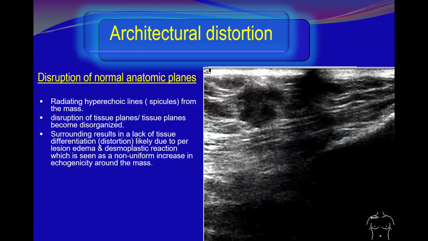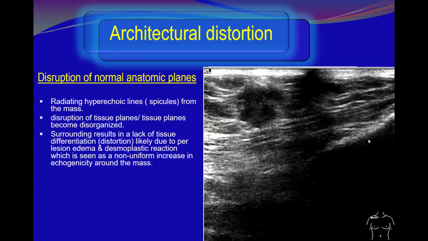Okay, this is my patient. Can you see here? Where is the cursor? This is a primary breast cancer seen just below the clavicle. Okay, she has a palpable abnormality just below the clavicle.